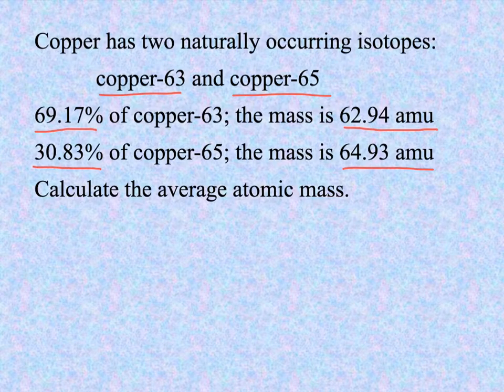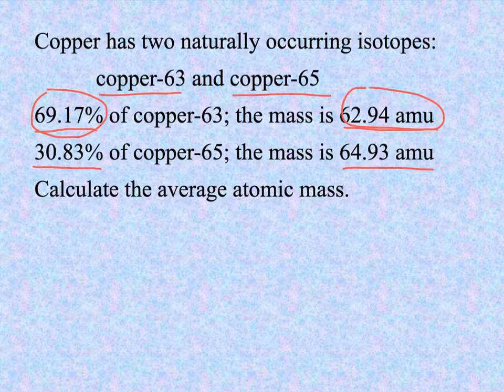So we're going to take in consideration the percentage, and you're going to multiply it by its corresponding mass. But don't forget, over here, take a look at your percentage. You need to turn your percentage back into an ordinary number, okay? So in other words, you need to move your decimal here 2 places to the left, all right?